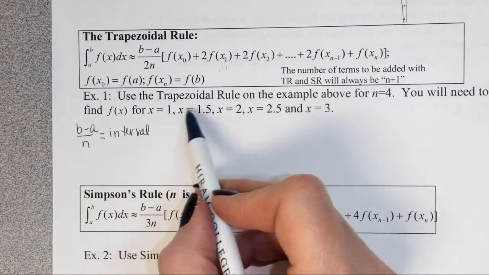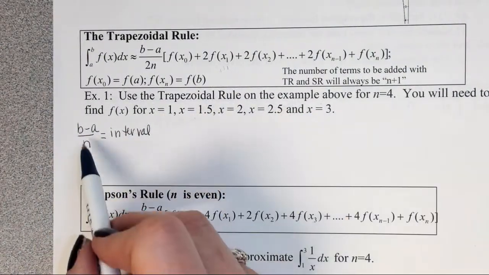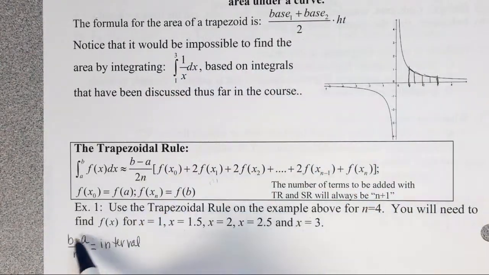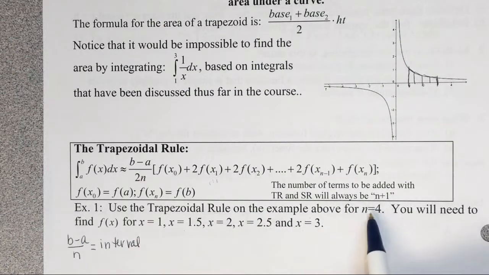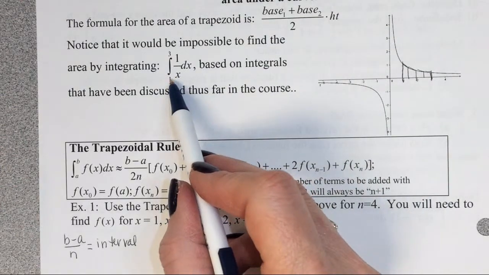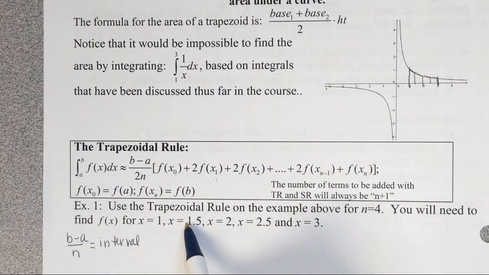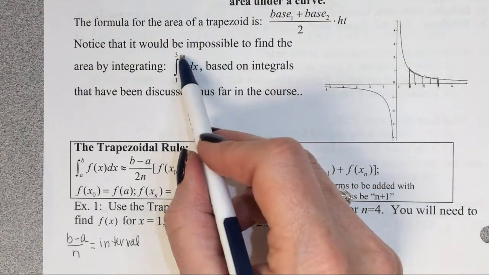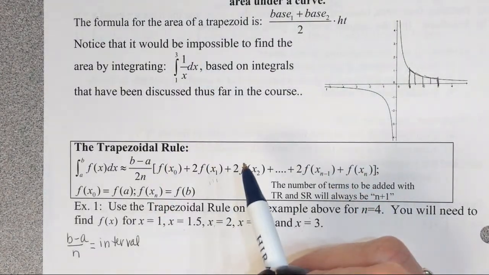So to find out how far apart these are, I have to do, in this case, 3 minus 1 is 2, divided by n is 4, 2 over 4 is a half. So see how I have to start at 1, add on a half, add on another half, until I get up to that top number.